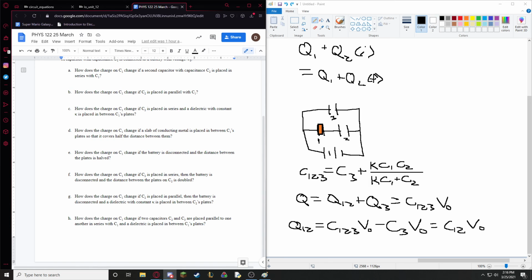And the stuff you're seeing on your homeworks is generally not as annoying as this, where you have things in series and in parallel and dielectrics and all this other stuff going on. It's generally a lot simpler. And if you can at least somewhat understand these problems, you're going to be completely set for your quiz tomorrow, where you're going to see stuff that's much simpler.